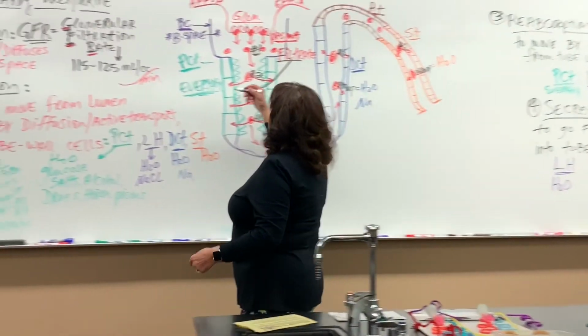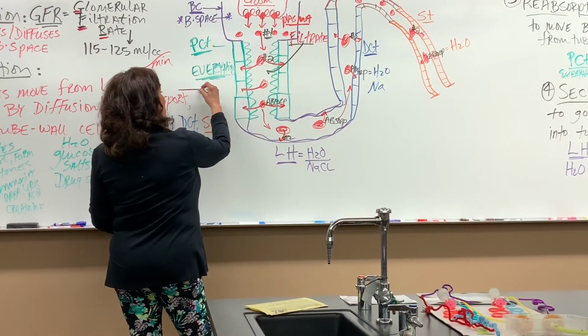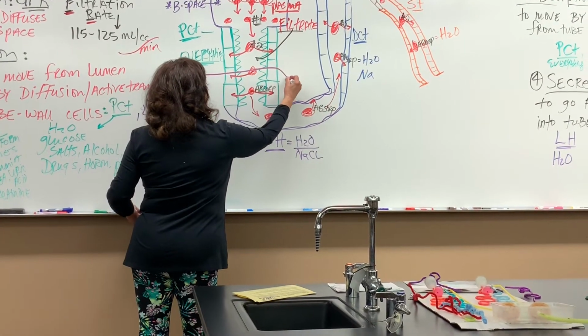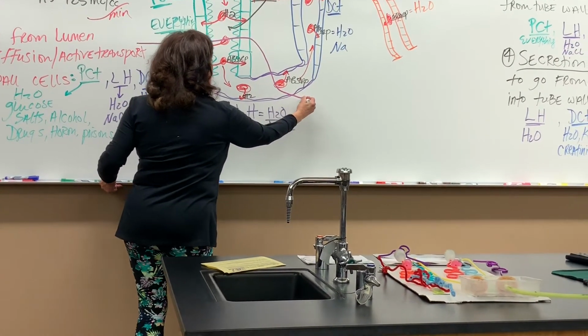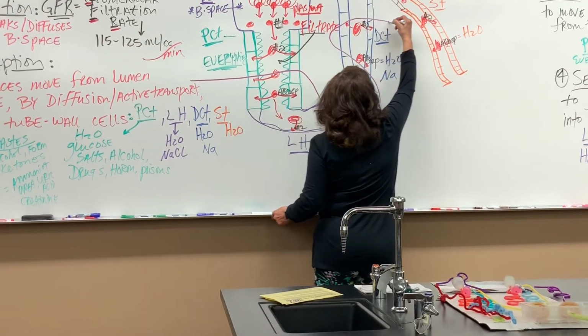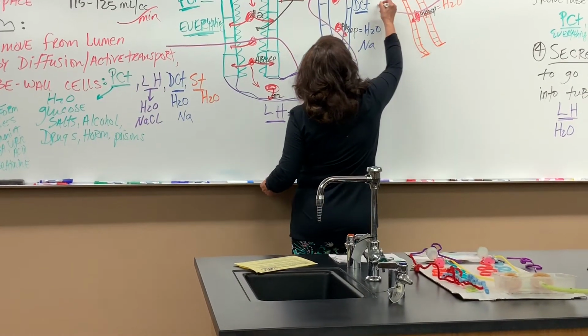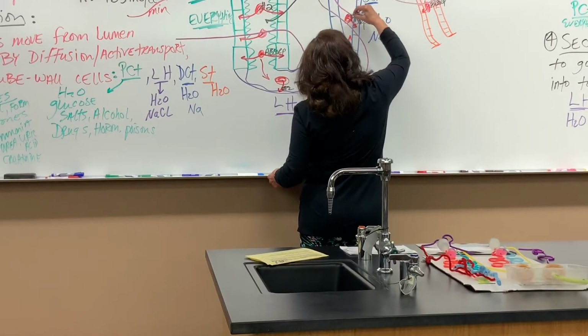And so watch, I'm going to put, here's my capillary. I'm going to make it go over here, and then come down here over these cells, and then come back over here, and then come back over here. And so here it is. I'm going to make a double wall like this.